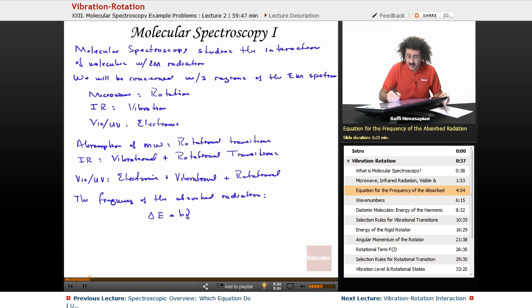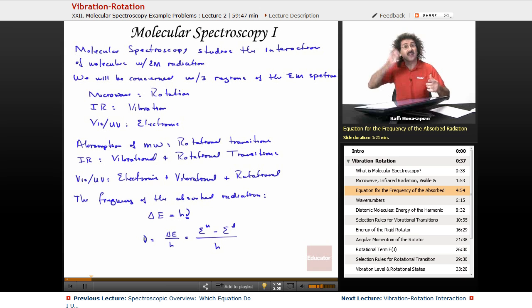So if we solve for the frequency, the frequency of absorption equals the change in energy between the two states divided by Planck's constant. Or we can say the energy of the upper state minus the energy of the lower state, divided by Planck's constant. That gives us the actual frequency that we observe in the spectra. That's what we're going to see on the spectrum. So when we see a line or a peak in the spectrum, it's this number right here, and it comes from this relation.